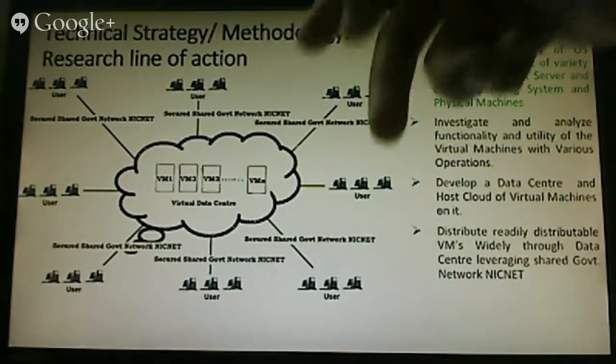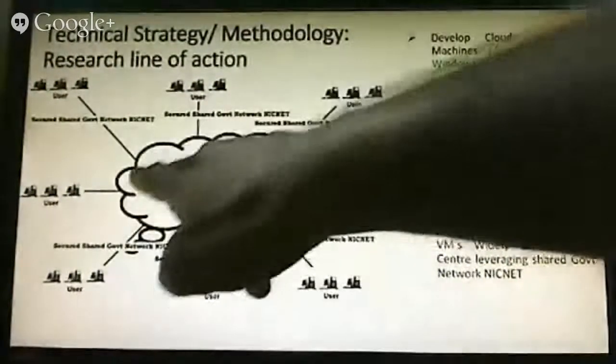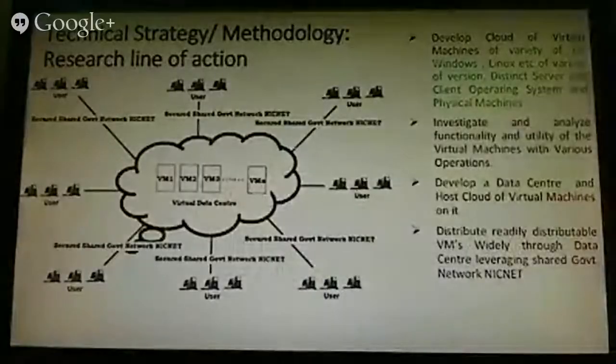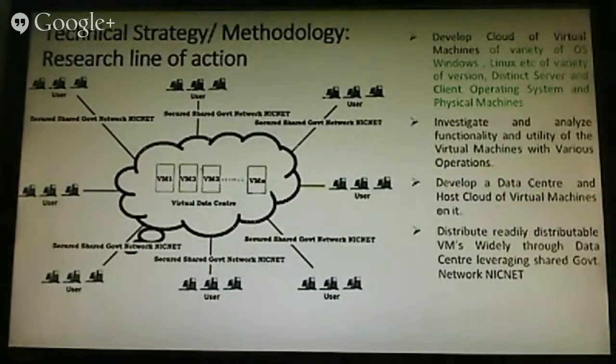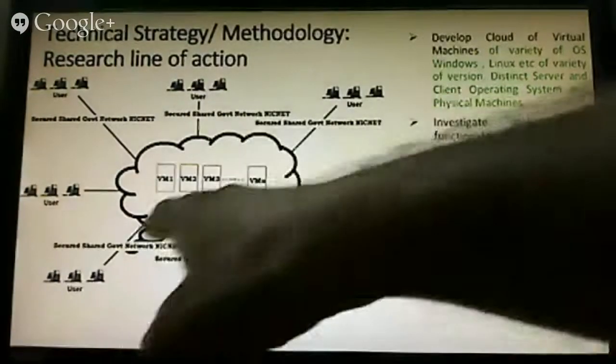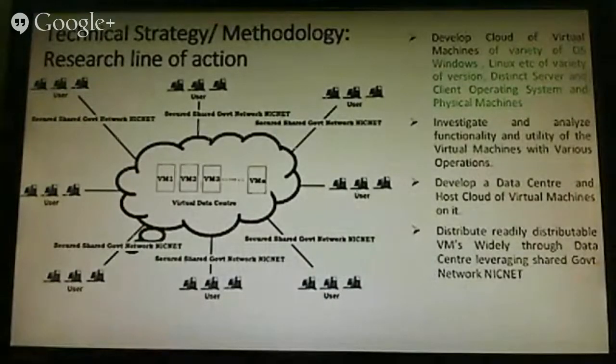So this way, first we have to develop a large number of virtual machines, that is the cloud of virtual machines. Then investigate and analyze the functionality and utility of virtual machines with various operations.